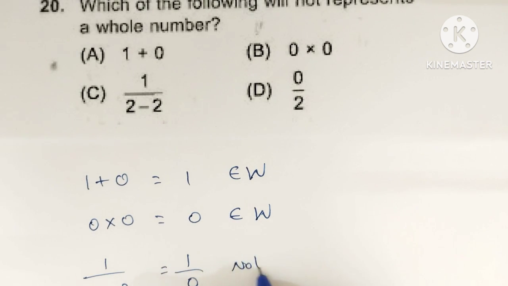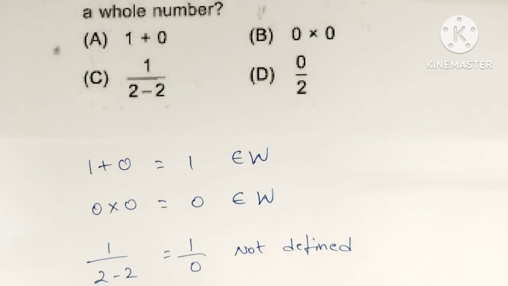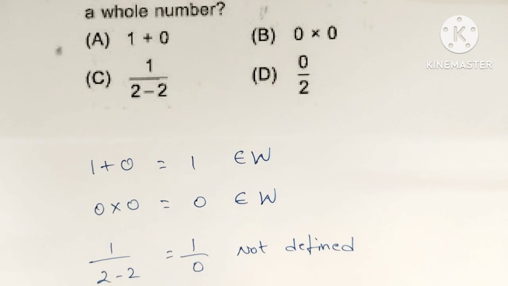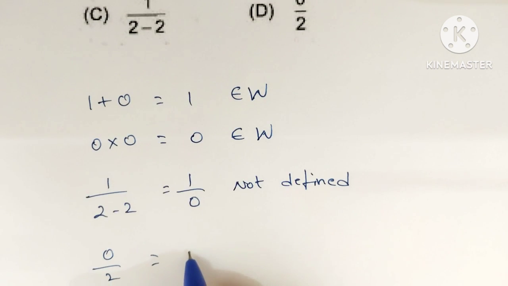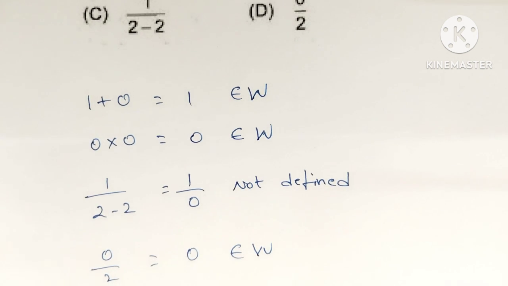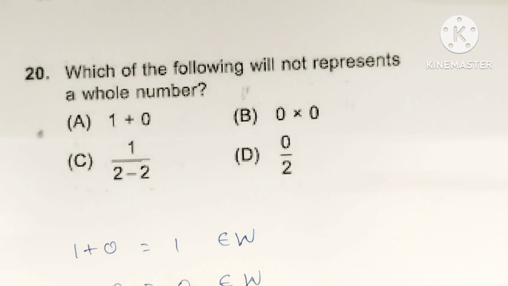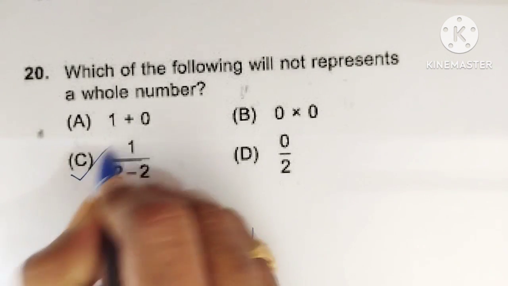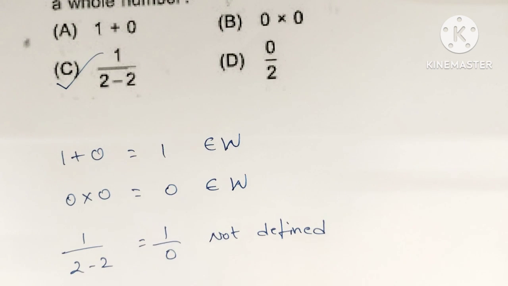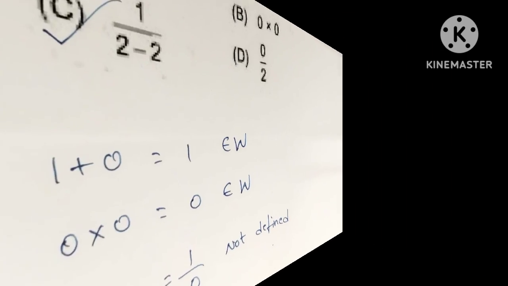It is not defined. And D, 0 by 2, which is equal to 0, belongs to whole numbers. So option C is the correct one. 1 by 0 is not defined, so it does not belong to the whole numbers.